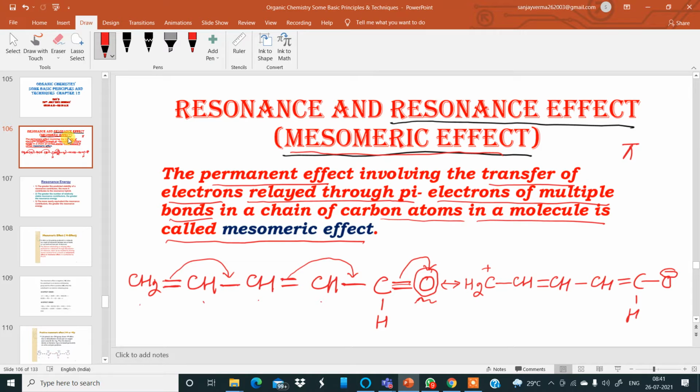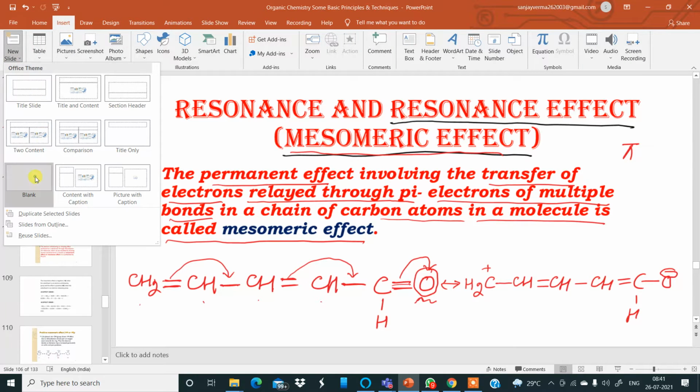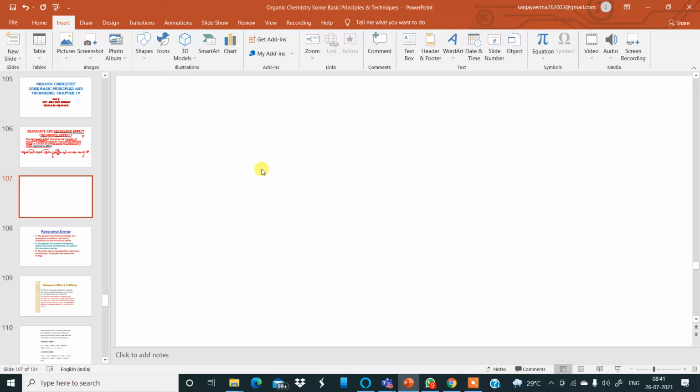I want to explain this with the help of another example. Let me put another slide over there. The next example for the mesomeric effect is CH2=CH single bond Br, bromine. This bromine, we know, has lone pairs of electrons in its valence shell, six, and one is used over here. Now this lone pair of electrons is in conjugation with this pi electron system.